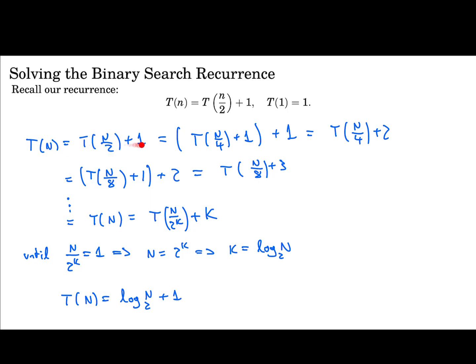I'm just rewriting this, and you do this until this is equal to 1. When this is equal to 1, you get t of 1 plus k. But we know that t of 1 is 1 and k is log n base 2. And so that's how you get this formula here.